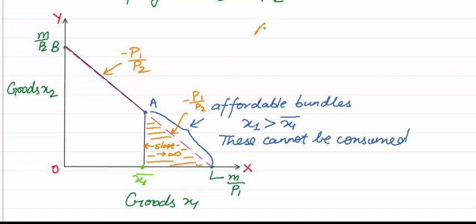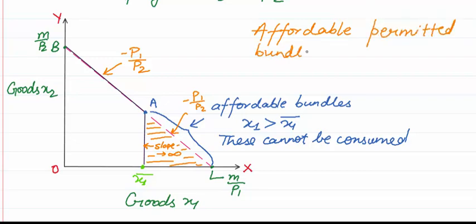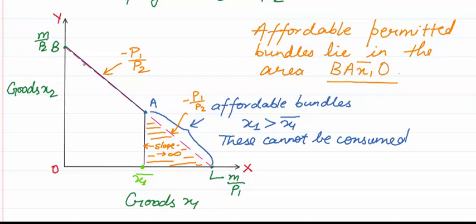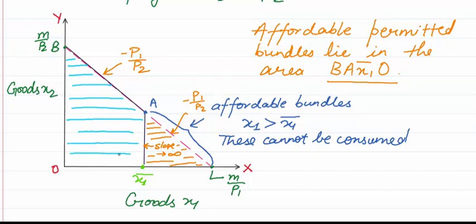So the affordable bundles which have been permitted lie in the area BAX1 bar O. All these bundles lying in the area BAX1 bar O can be purchased or consumed by the consumer, but in spite of being affordable, the consumption bundles lying under the triangle AX1 bar L cannot be purchased by the consumer.